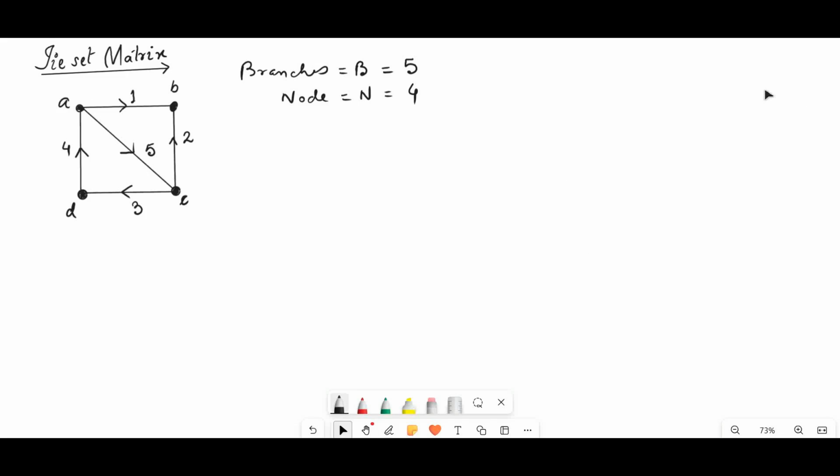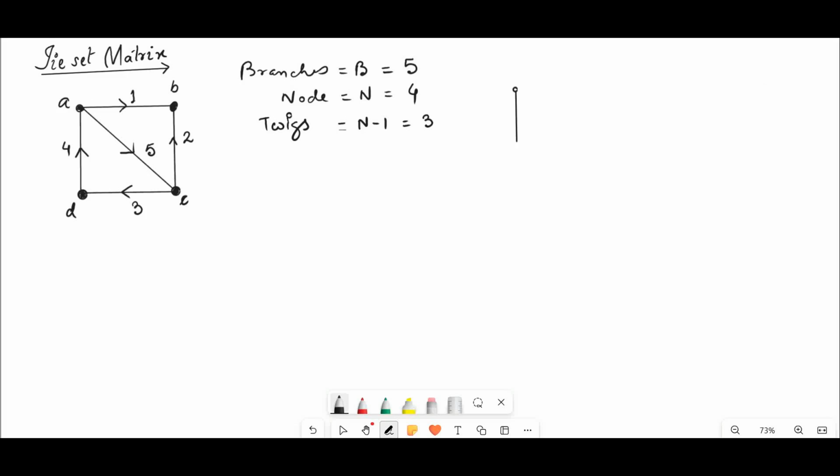And if we consider the number of twigs, the tree contains n minus 1 twigs, so the number will be 3. As per the tree definition, it should have all the nodes connected, but it should not have any loop.